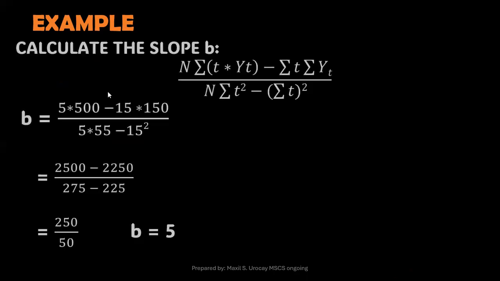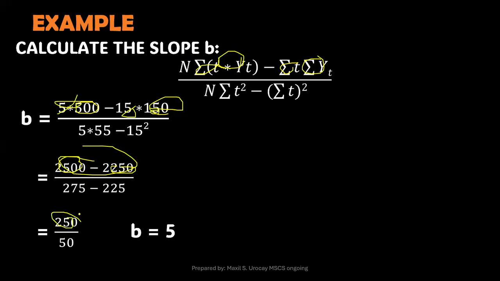Now, after that, you have to calculate the slope, wherein your n is equal to 5 times the summation of t and yt, that is 500. So 5 times 500 equates to 2,500. Now, summation of t is 15 times summation of yt, which is 150. So 15 times 150 equates to 2,250. You will deduct them and it will become 250.